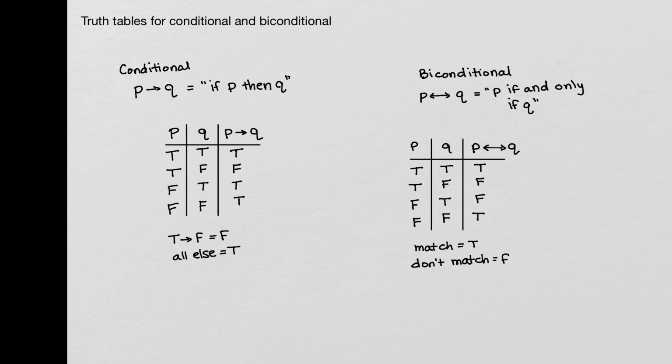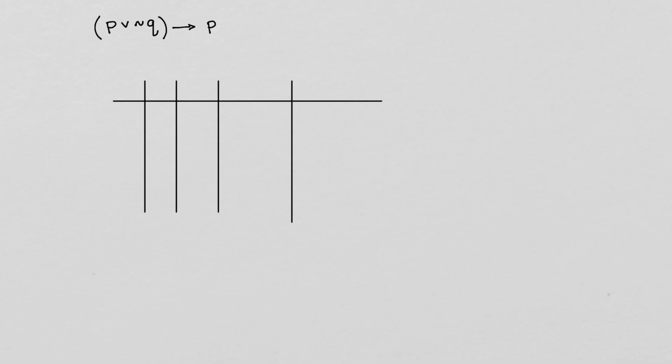Okay, so now let's take a look at how we would create a truth table for a more complicated statement. So here I have the statement if P or not Q, then P. So I'll start with my P and my Q. And since there's only 2 variables, it's going to be true, true, false, false, true, false, true, false.